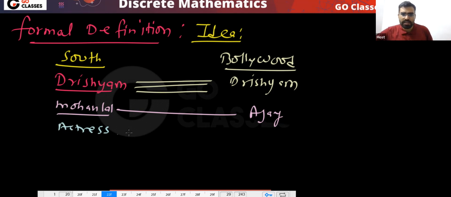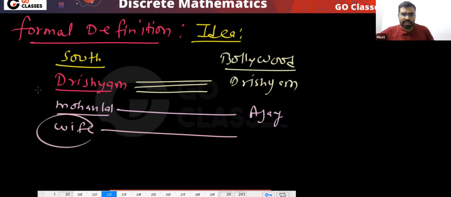Anyway, forget about it. She is basically Mohanlal's wife, and she has a corresponding character here. C is a vertex, and this vertex has a corresponding vertex here, and that corresponding vertex is 3A.